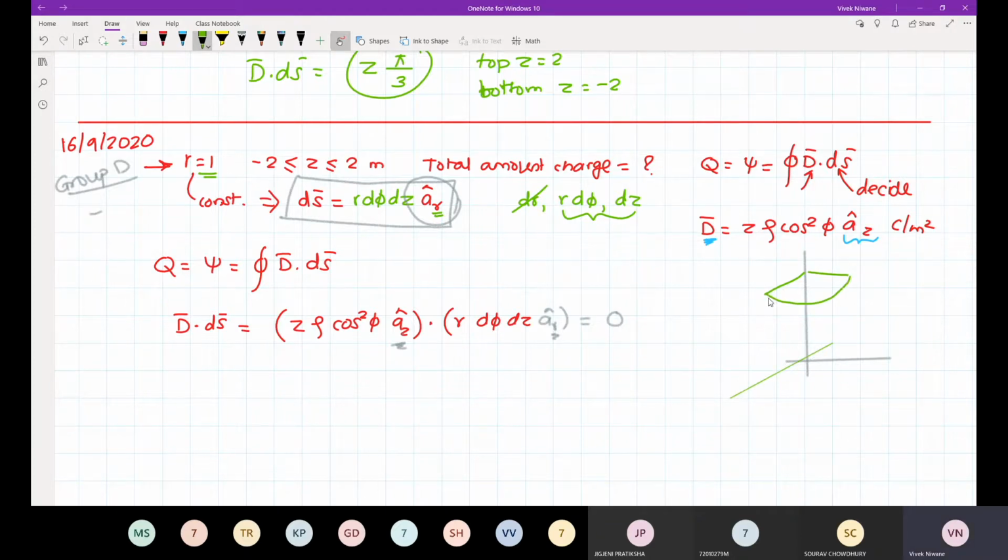I am drawing a 1/4 part of the cylinder. Looking at the expression of D bar, we have D bar in the direction of the z axis.